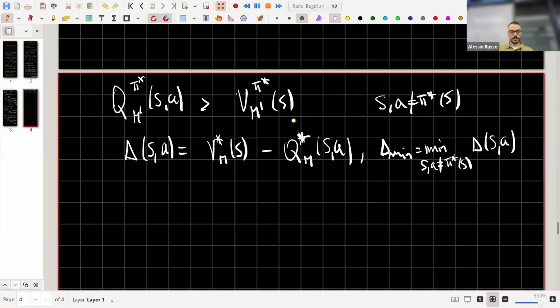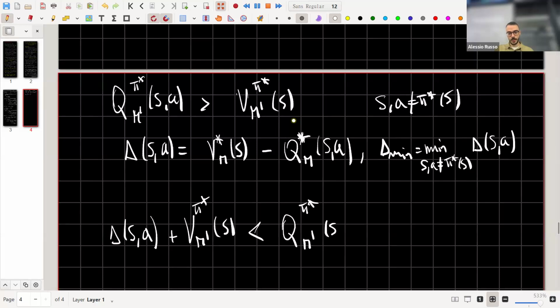So note that we can simply write delta SA plus the value in S of the optimal policy in M prime is bigger than Q of M prime, pi star, SA plus V of M star of S minus Q of M star of SA.